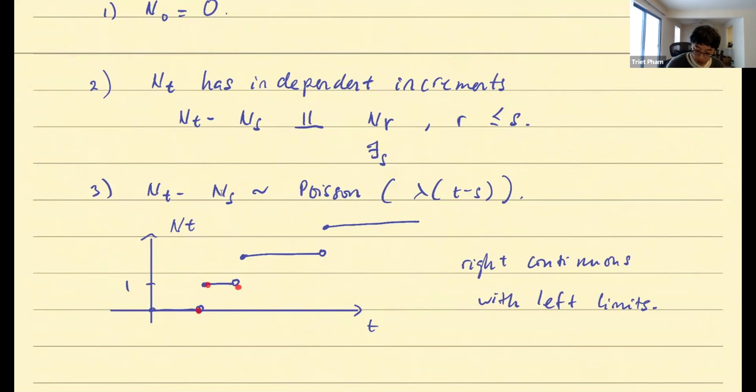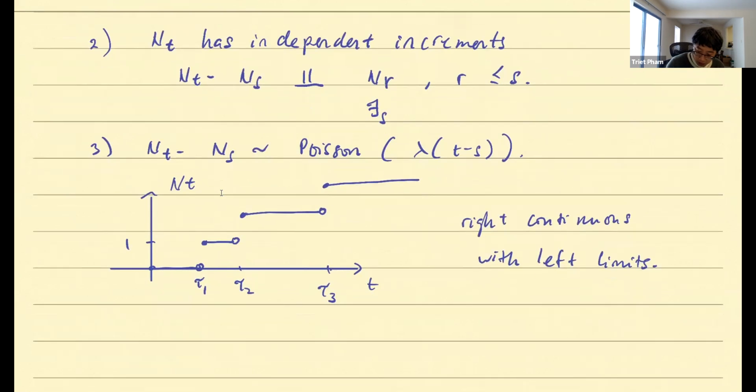So the Poisson process jumps with size 1 at a time. And the waiting time in between the jumps is a random time. So if you call this tau 1, tau 2, tau 3, the taus are the times where the Poisson process jumps.